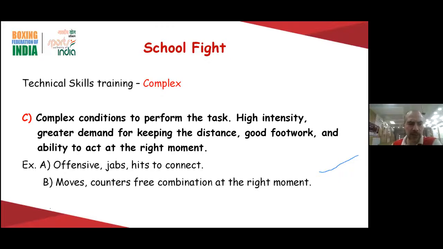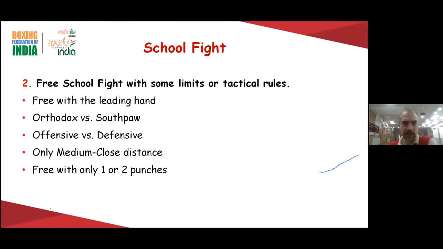But the example here, boxer A is offensive. He uses his jab and he hits to connect. Boxer B moves and counters with a free combination at the right moment. So those three, we work on technical actions during the bout.